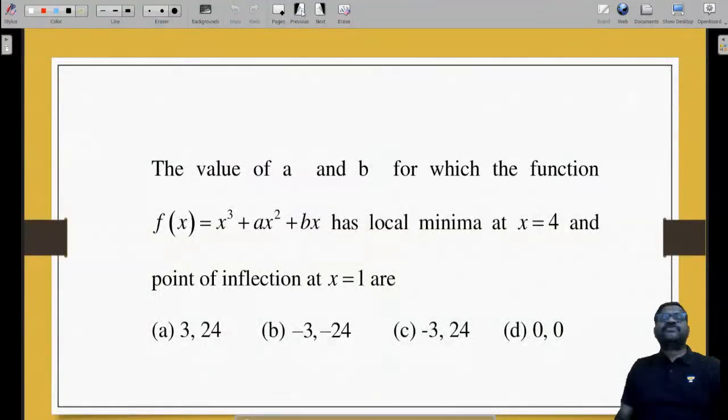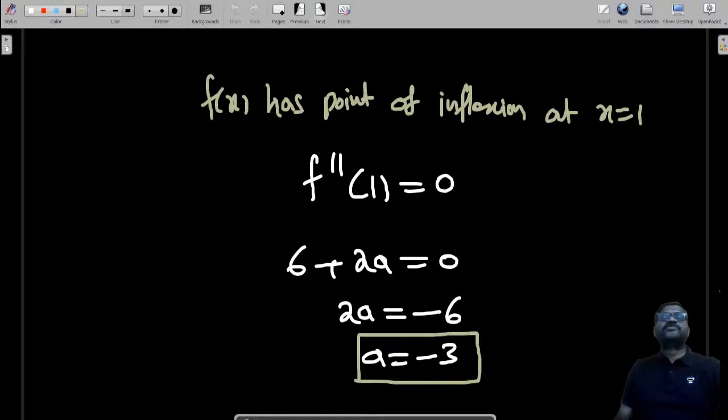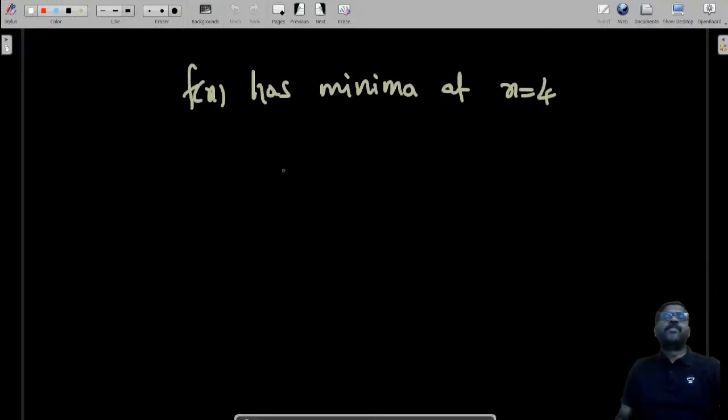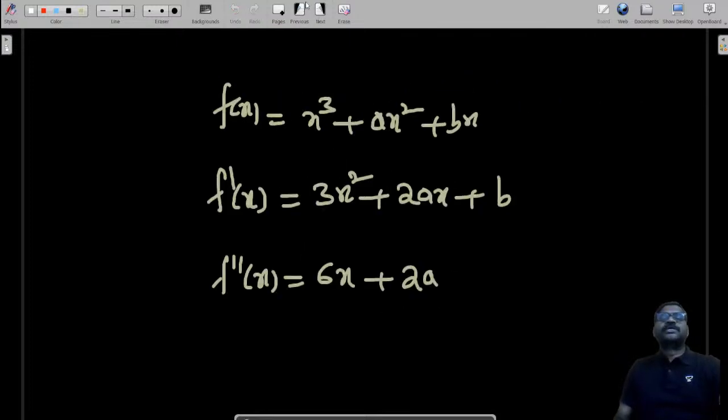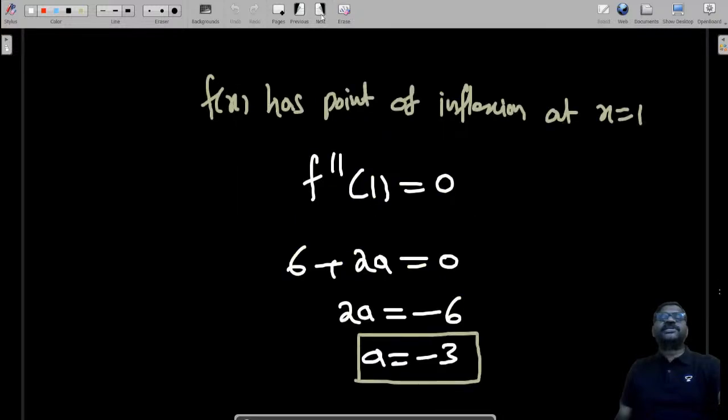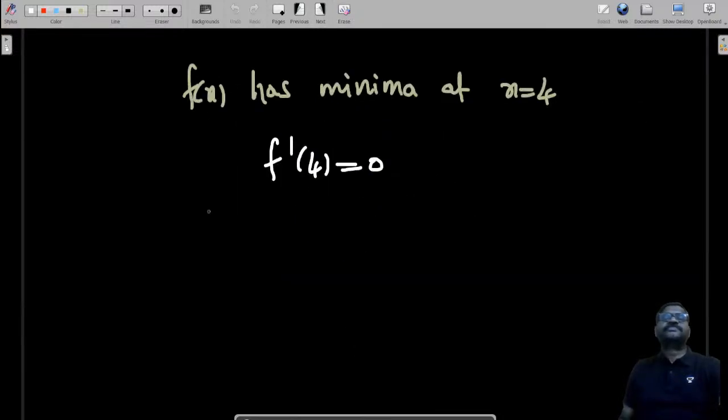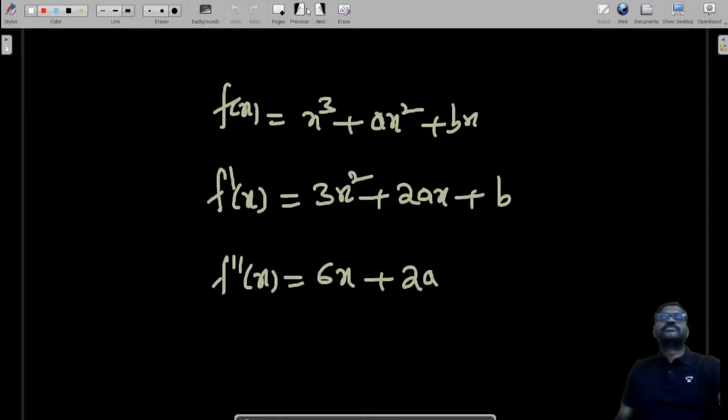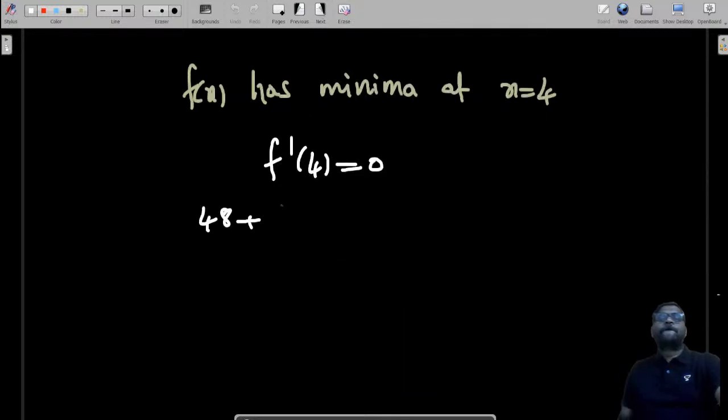f dash of 4 equal to 0. Four square is 16, 16 times 3 is 48. Four times 8a plus b.